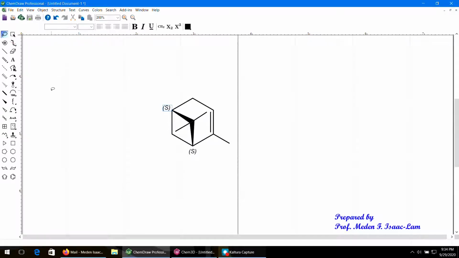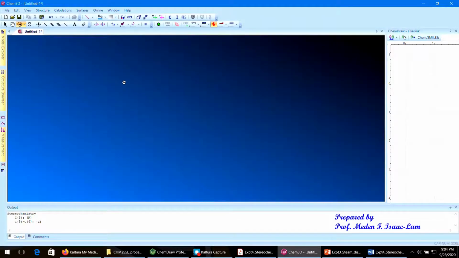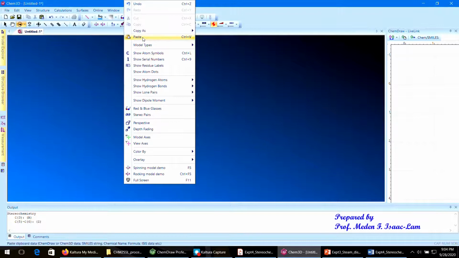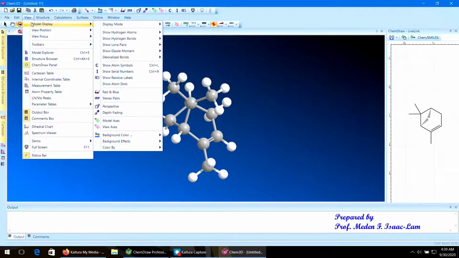We would like to also determine the chirality, or the R and S configuration, of these two carbons using Chem 3D. So I'm going to use again the lasso, copy, then go back to Chem 3D and paste. This is now the structure in Chem 3D, and I can also change on view, model display, display mode, and sticks.